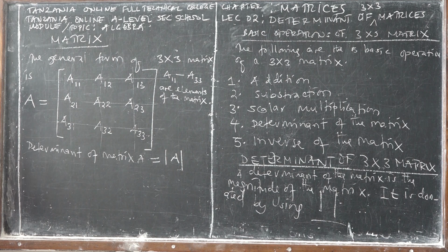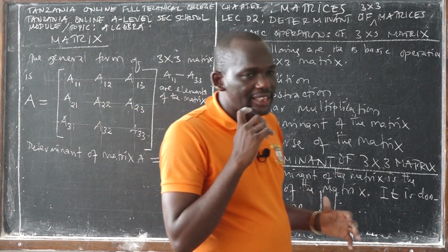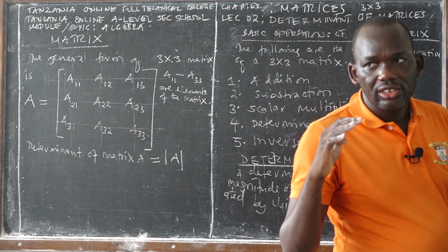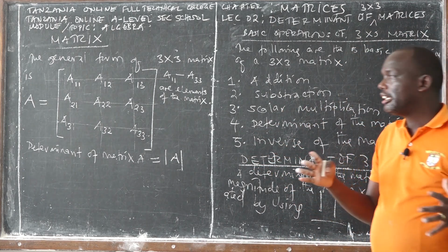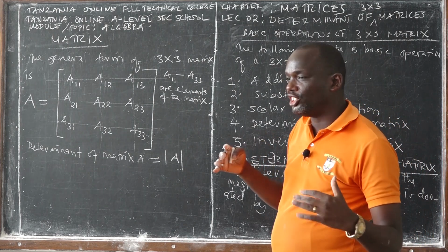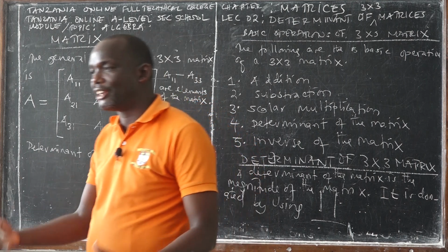So to find the determinant of a 3 by 3 matrix, we are supposed to delete some columns and rows in the 3 by 3 matrix to make minor matrices. Say minor matrix.